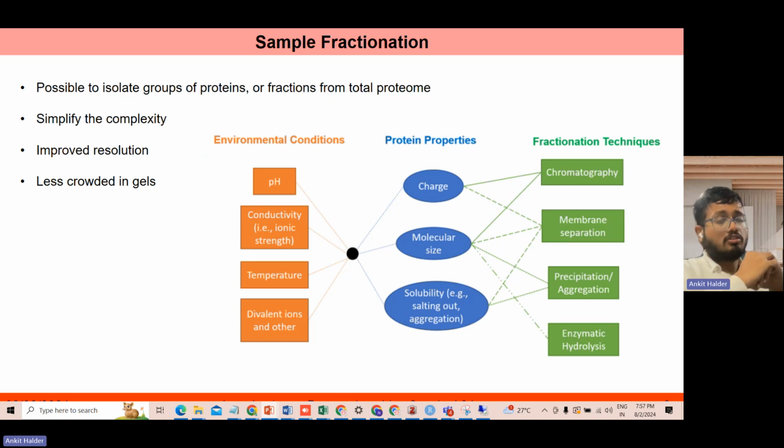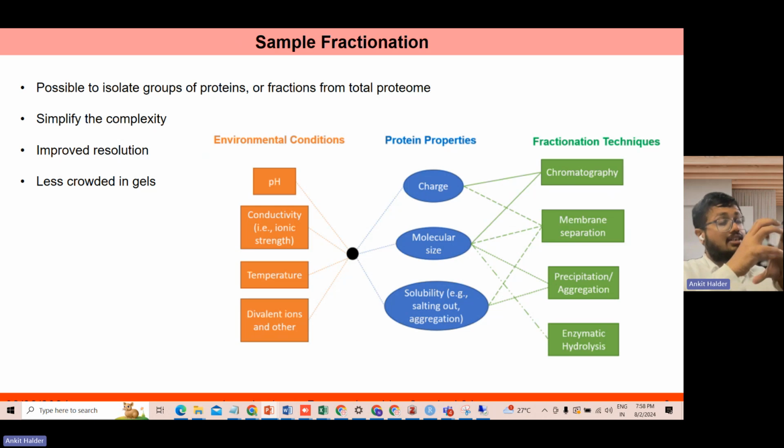Otherwise, there will be a huge amount of proteins, and we will look into some examples in our upcoming week regarding 2D gel electrophoresis. You will be able to appreciate why fractionation can help you analyze the spots in a very simplified manner. Otherwise, it would become very complicated or difficult for you to analyze, and there would be a huge number of artifacts.